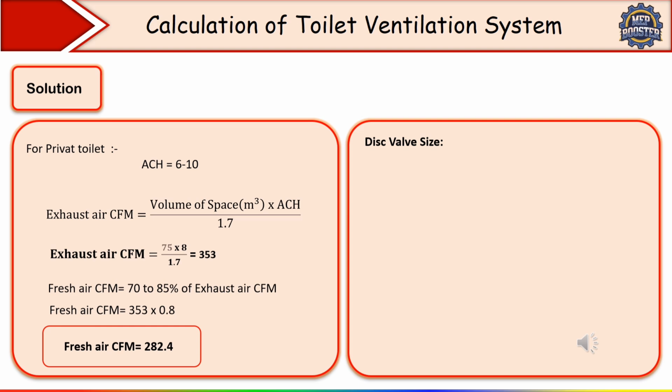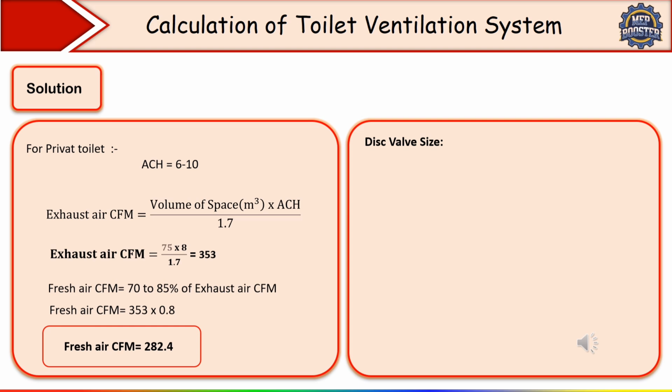Now see how to determine the disc valve size. I have already shown you that some standard sizes of disc valve are available: 4-inch disc valve, 6-inch disc valve and 8-inch disc valve. With the help of a 4-inch disc valve, how much air can you exhaust? 15 to 100 CFM of air, with one disc valve you can extract that much air flow rate.